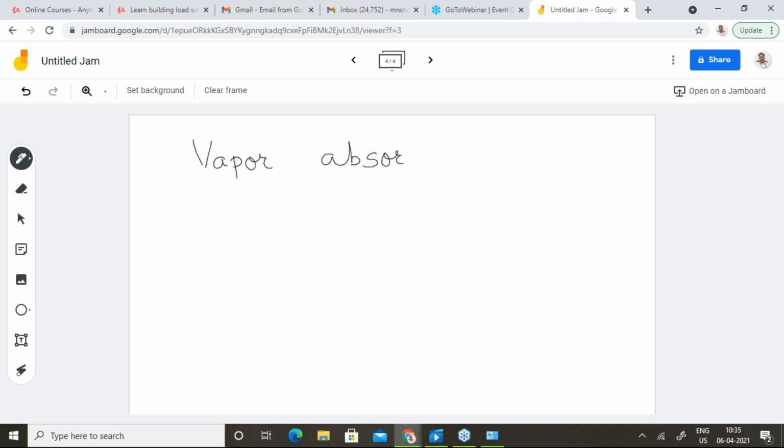I'm using American English, so I'm dropping the U, but you can also spell it as vapour. So, vapor absorption system. As I said, what is this technology? Instead of using the compressor, the three components remain the same. That is, you would have a heat exchanger here. Let me modify the same diagram.